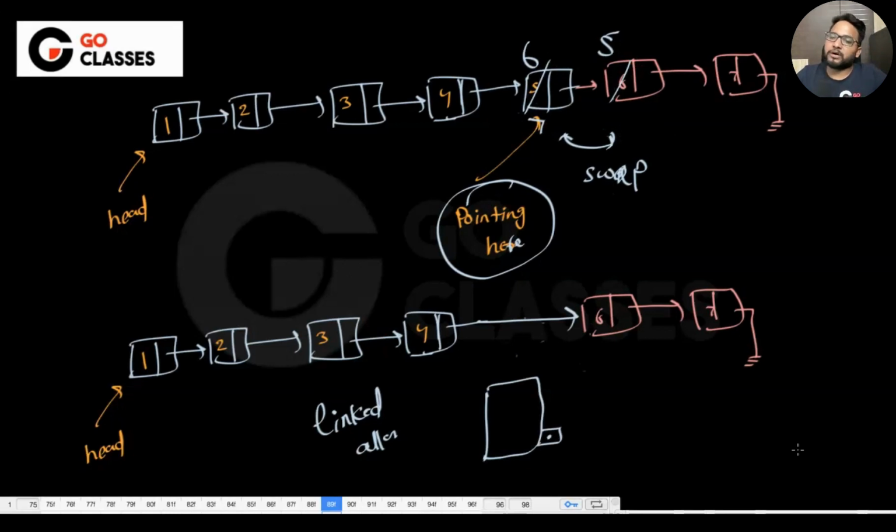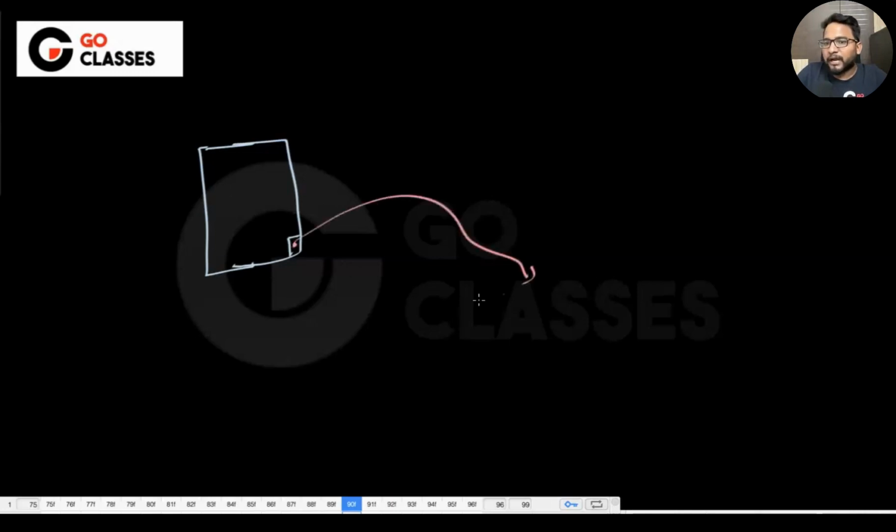What if it is not an integer? Suppose there is a big file, or a big memory that you will see in the operating system. That is called linked allocation, and that is actually the practical case. Here at the end of this chunk of memory, we store one pointer that points to somewhere again in the chunk of memory. Then this also points to somewhere again in the chunk of memory.